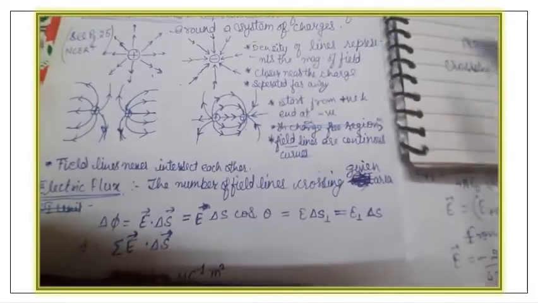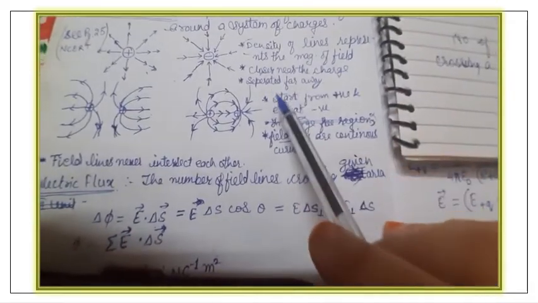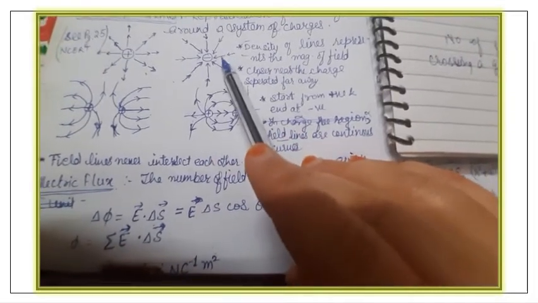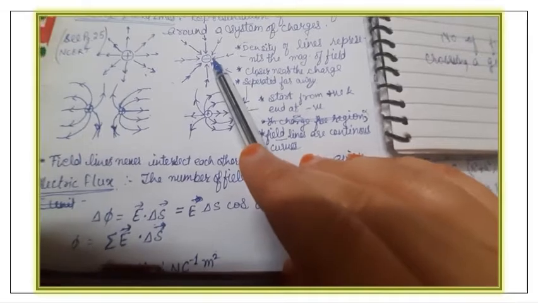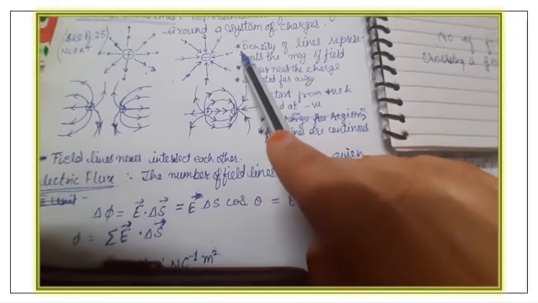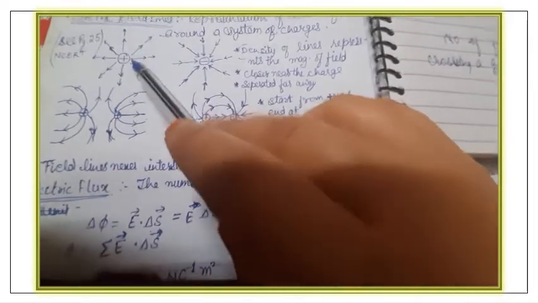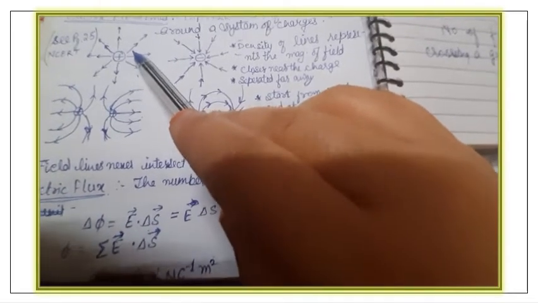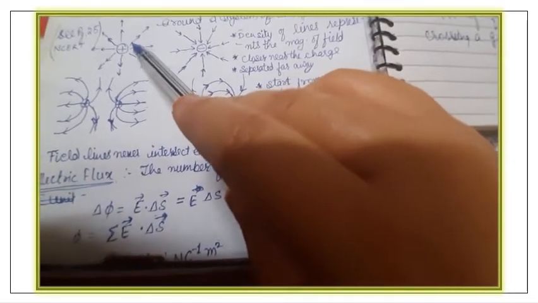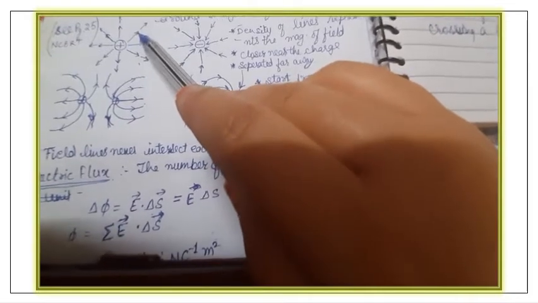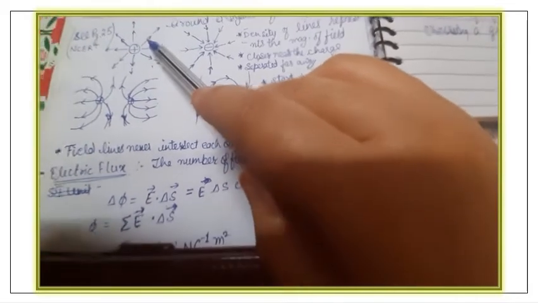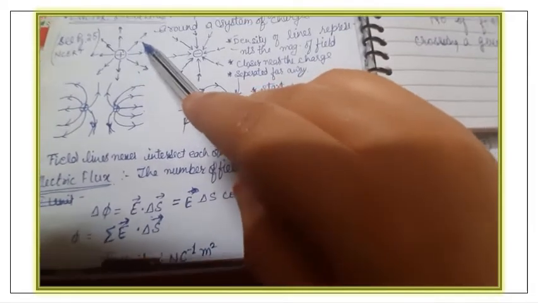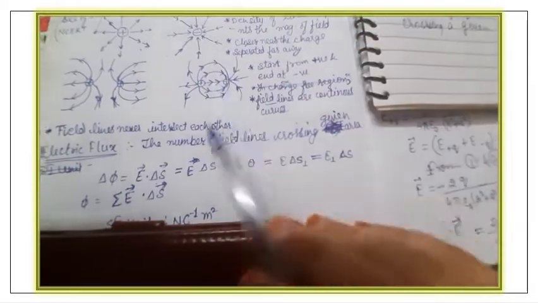Just like in the properties of field lines, the electric field is stronger near the charge and weaker as we move away from the charge. So the length of the arrow represents the strength of the electric field.